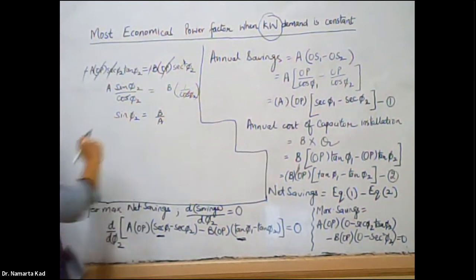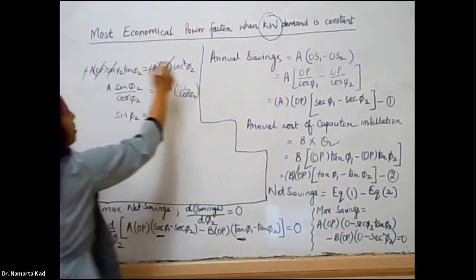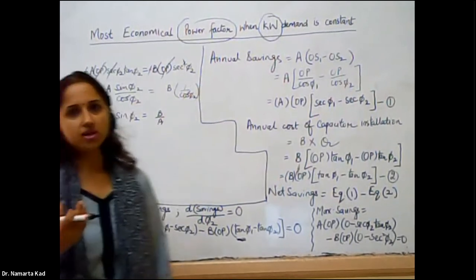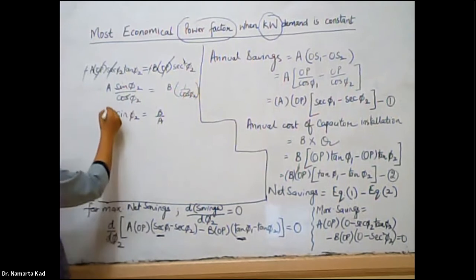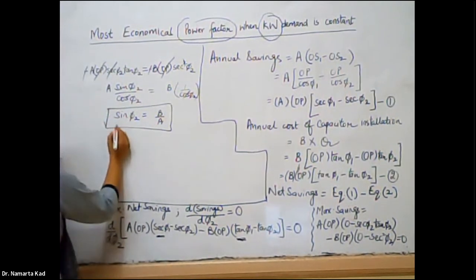But we have to find out the most economical power factor. So what is power factor? Power factor is cos of phi 2. We came up with sine of phi 2 equals B upon A. So what is cos of phi 2 now?